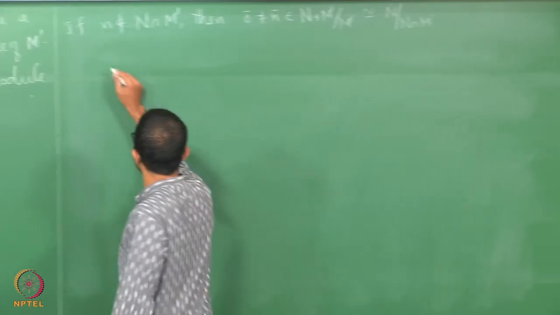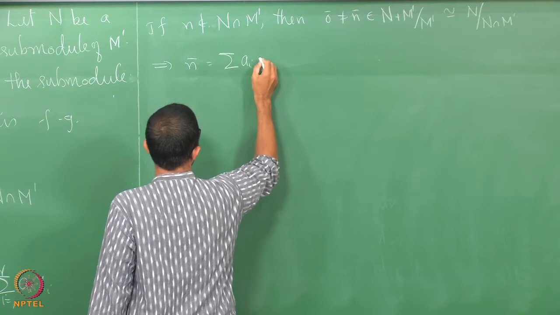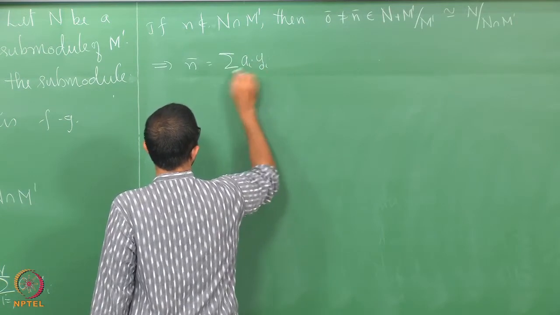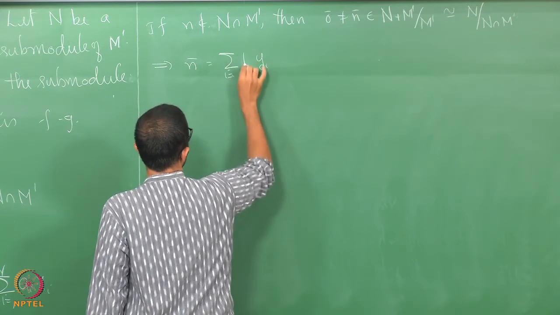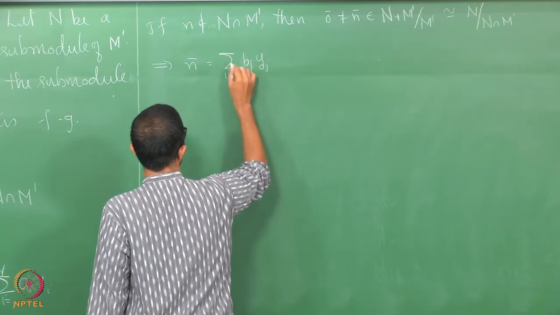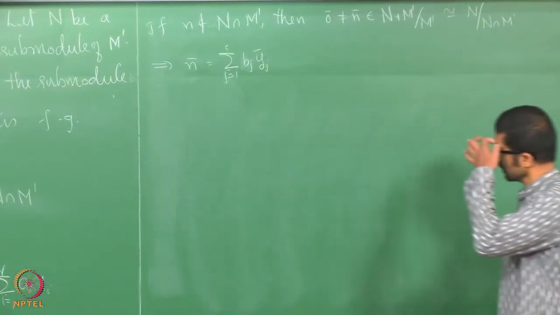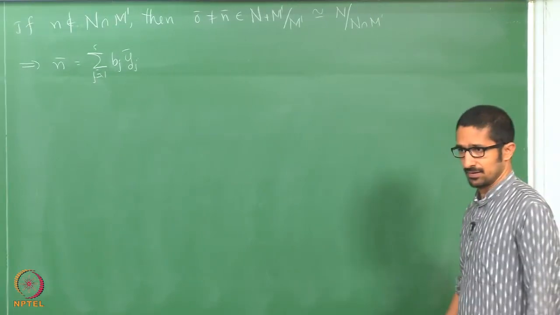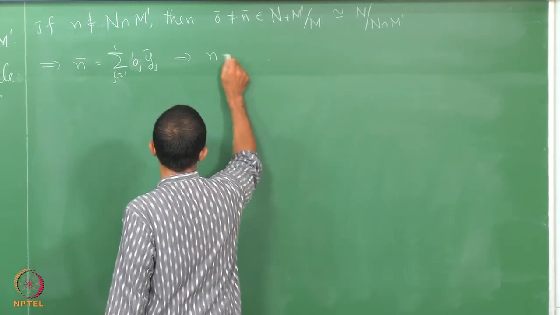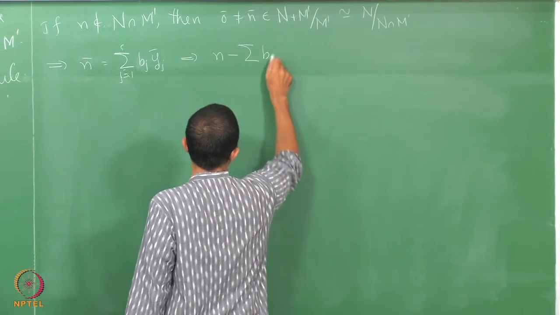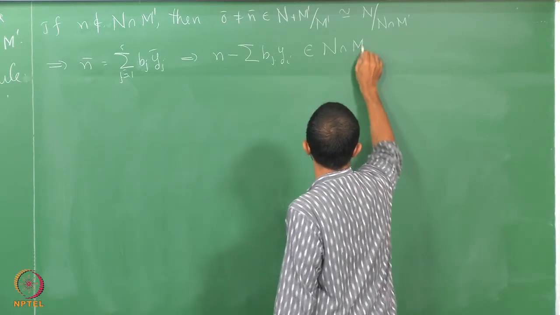Therefore, I can write n bar equal to the summation bj yj, j from 1 to s. And that implies that n minus the summation bj yj belongs to N intersection M'.